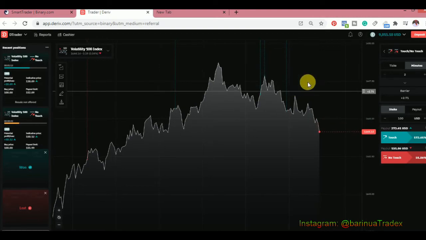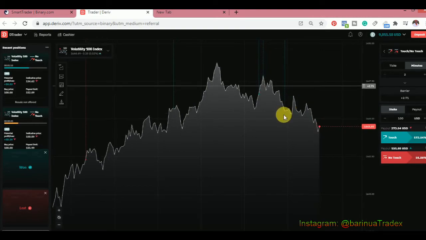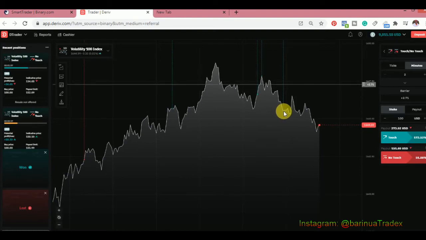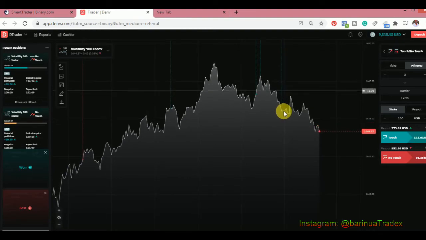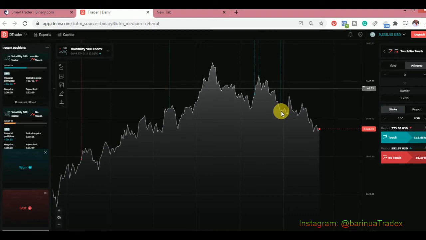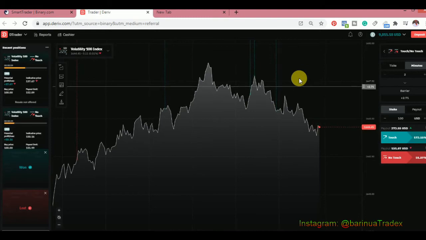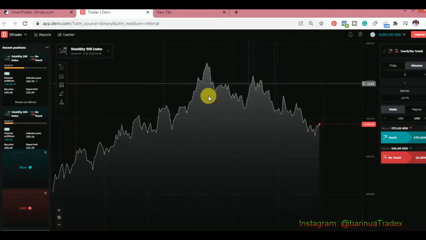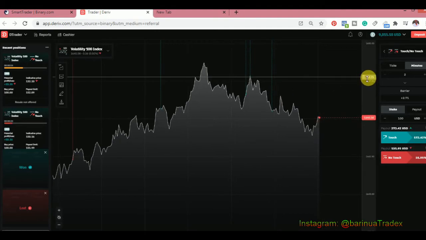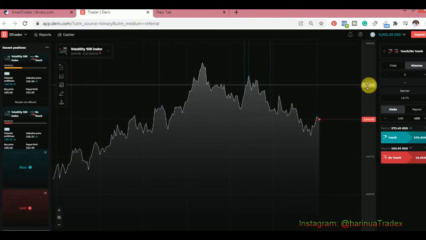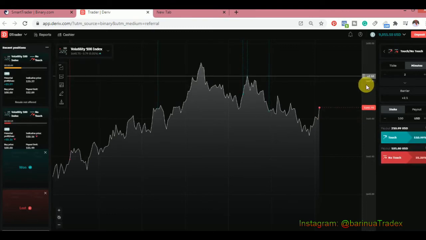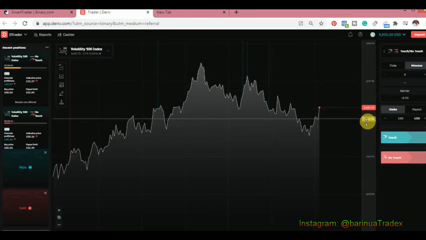This trade is typically not showing the exact point where the barrier is, just the starting point, which is here, which is kind of microscopic. One has to strain the eye before you can see it. If that update can be done to show where the barrier is, it will be really nice for a lot of traders to work with.